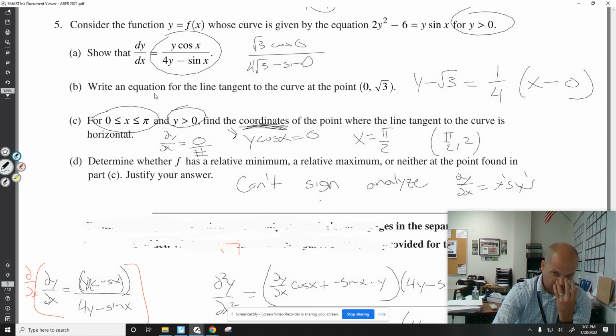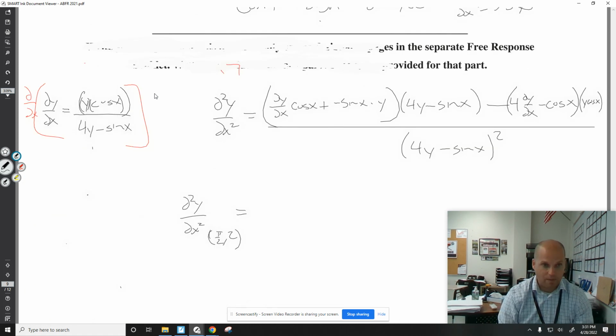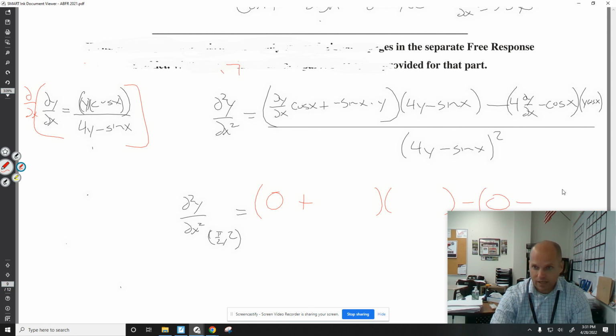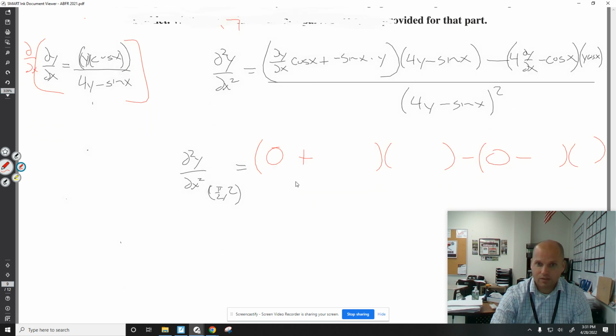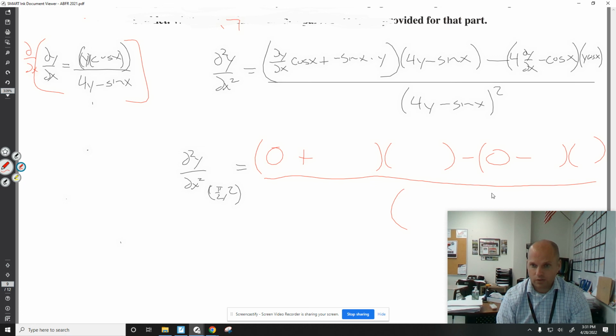So that helps things out, because now I can say this is 0. I got to figure out what this is. We have a 0 here. I got to figure out what that is, all over whatever this is squared.